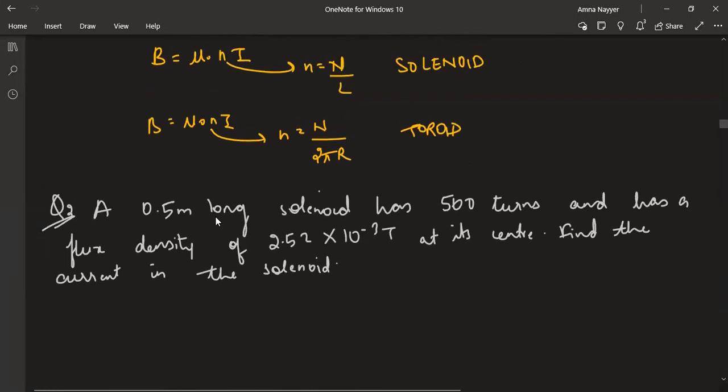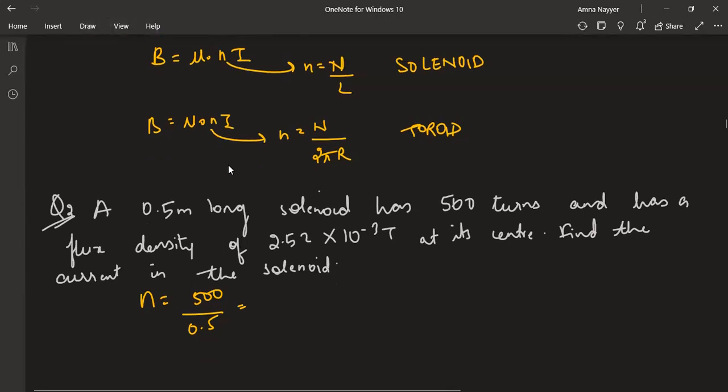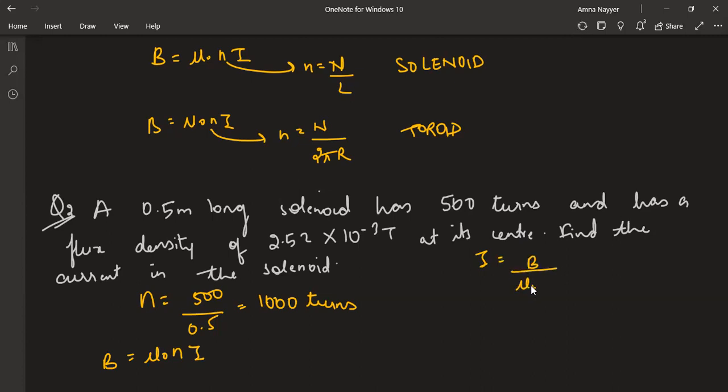Yes, let's discuss this. Number of turns per unit length, first let us find out. The number of turns is 500 per 0.5, so that makes it 1000 turns per unit length. So B equals mu naught n I, and I will be equal to B divided by mu naught n.